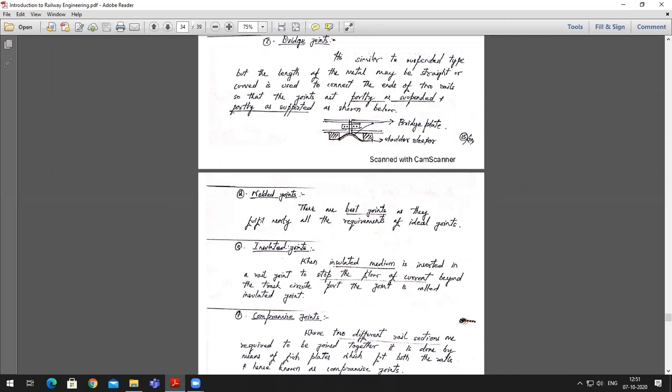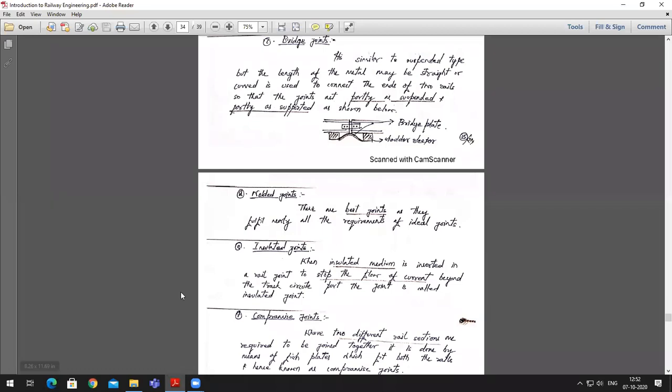So even if at one particular point there is conduction of electricity due to some problem, the electricity will move throughout the rail for kilometers, unless it gets dissipated or diluted.